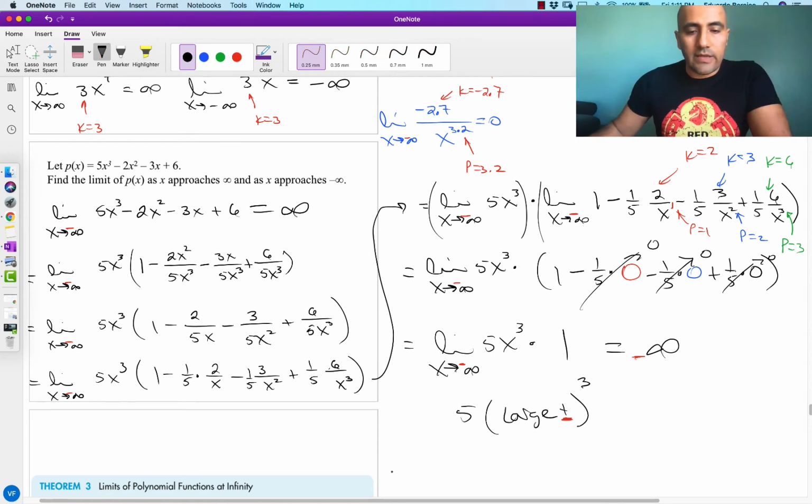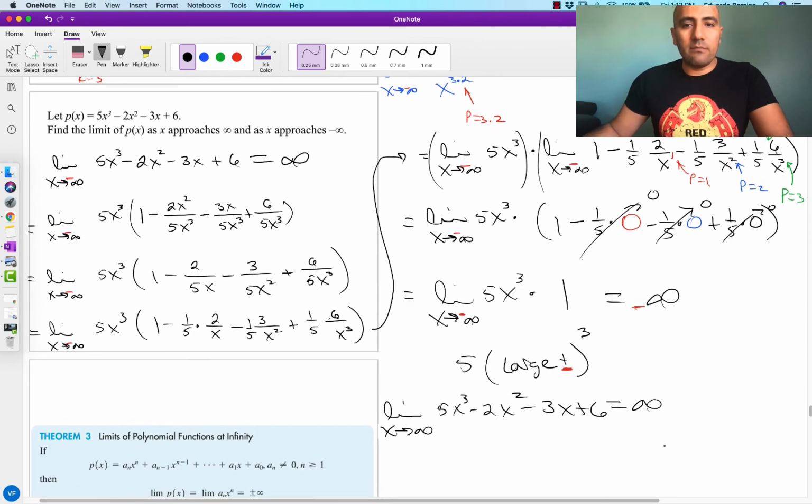I can conclude that the limit as x approaches infinity of 5x to the third power minus 2x squared minus 3x plus 6 is going to be equal to infinity.